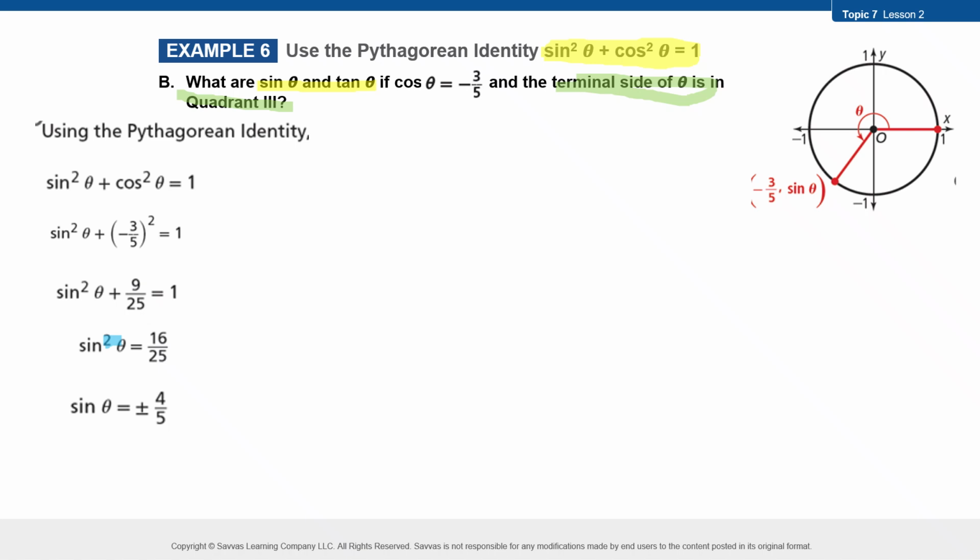Now, because it's in quadrant 3, we know sine is negative. So because sine is negative, we're going to take it as negative 4/5. Now, tangent, because that's what it was asking us to do.